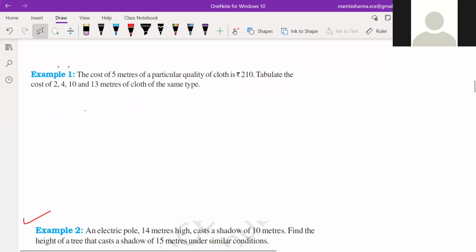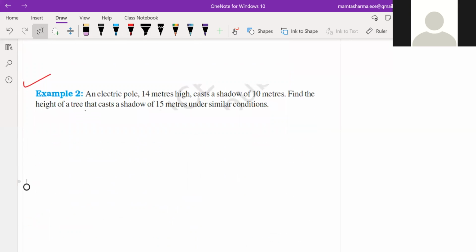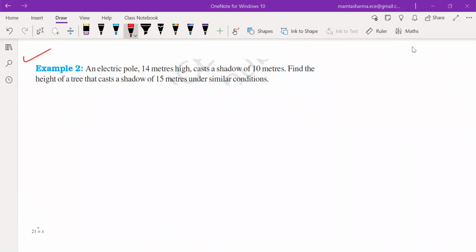Okay. Now see, this question is important. An electric pole 14 meter high. One electrical pole is there. Height is 14 meter. It casts a shadow of 10 meter. This is the shadow of this electrical pole, and this shadow length is 10 meter.